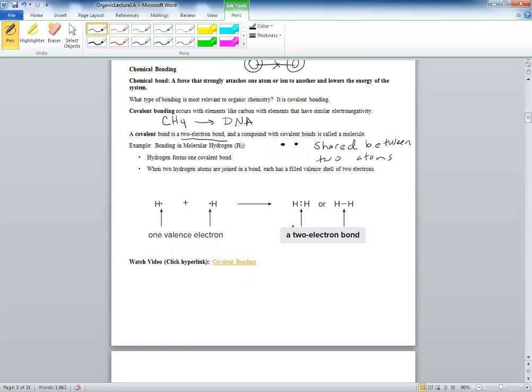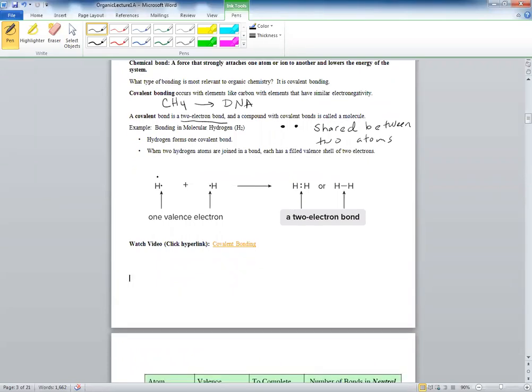And if you look here, you see the example of hydrogen with one valence electron, another hydrogen with one valence electron. And hydrogen wants to be like helium to fill its version of what we call the octet rule. So what happens is that it shares an electron with another hydrogen with its own electrons, and they form this bond right there.